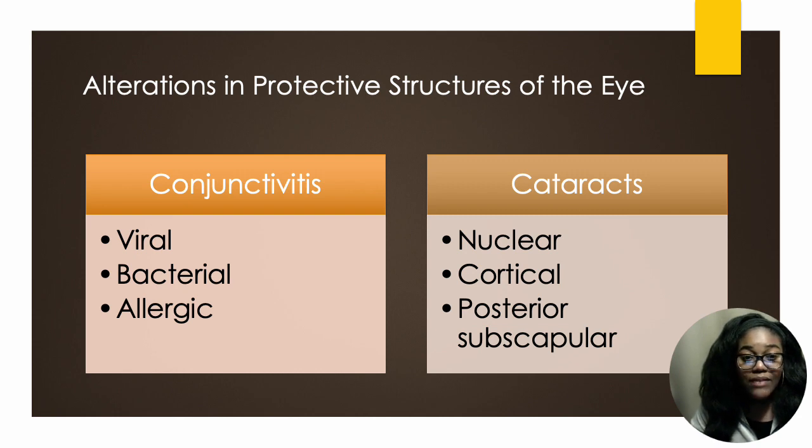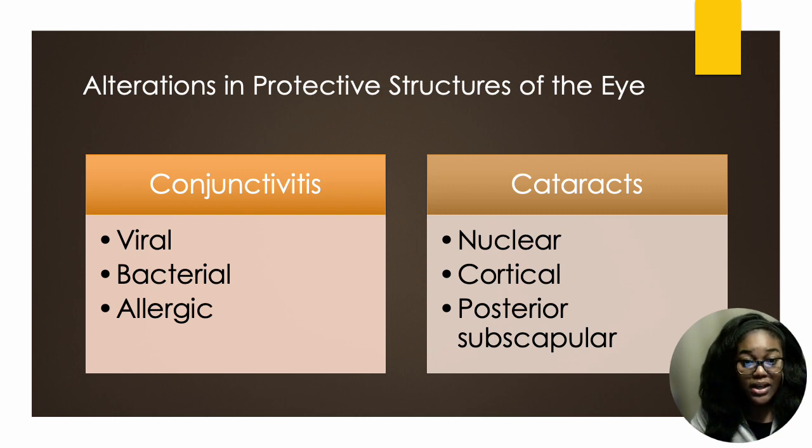Viral conjunctivitis only affects one eye, and that eye is normally watery, and you have small amounts of discharge. If you're not aware of what conjunctivitis is, that is pink eye.